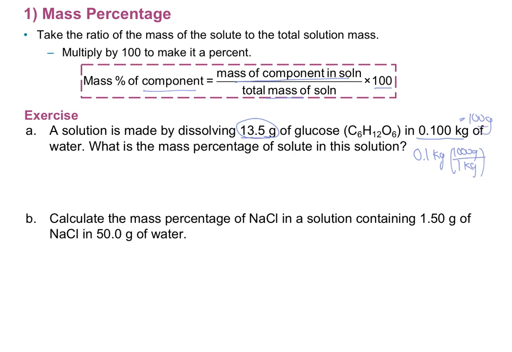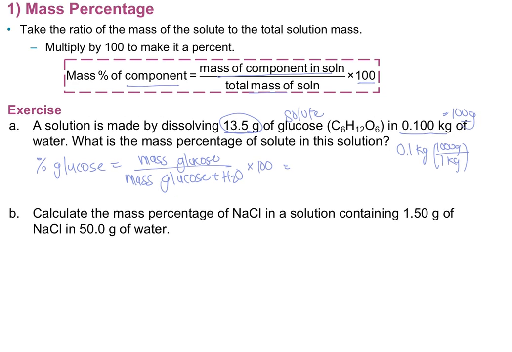So since 13.5 is less, and we know glucose is the solute, we're going to do percent glucose is going to be the mass of glucose divided by the total, which is the mass of glucose plus the mass of water, times 100.